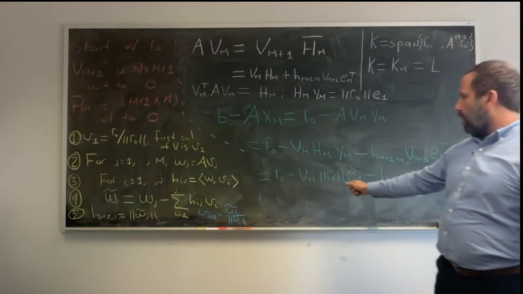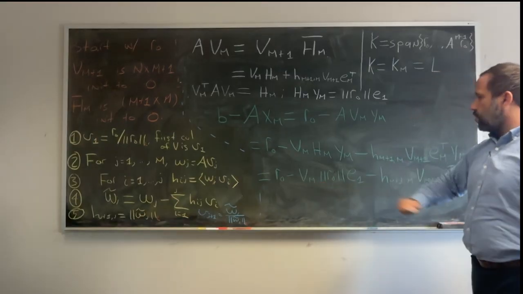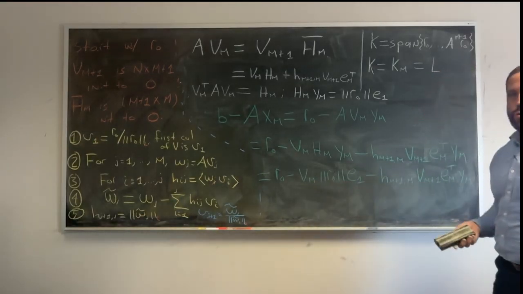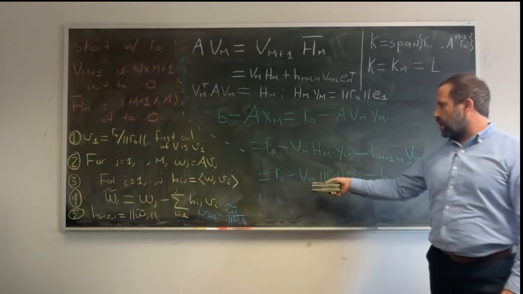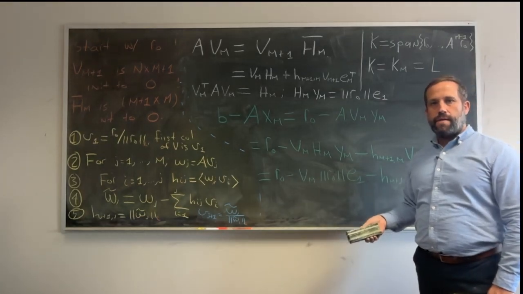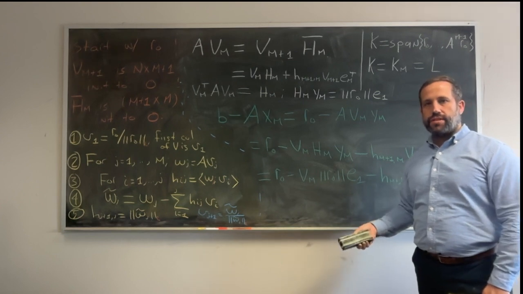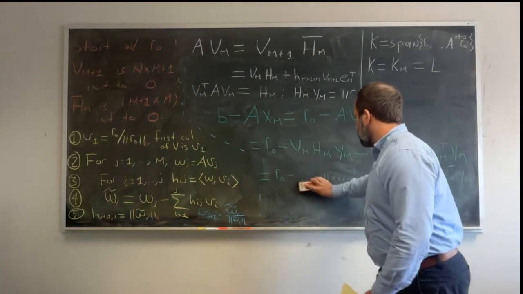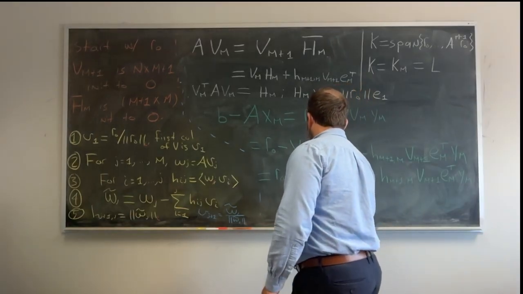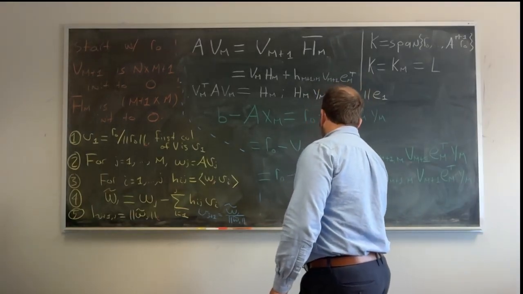Now what's happening here? When you do VM times E1, all you're doing is getting the first column of VM. But what is the first column of VM? The first column of VM is just V1. So this is going to be V1 times the magnitude of R naught.